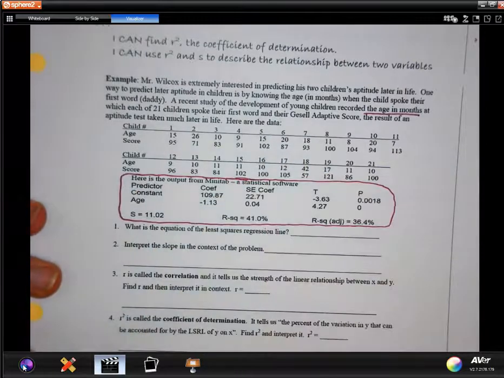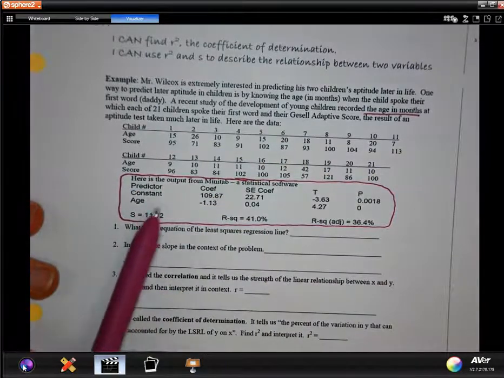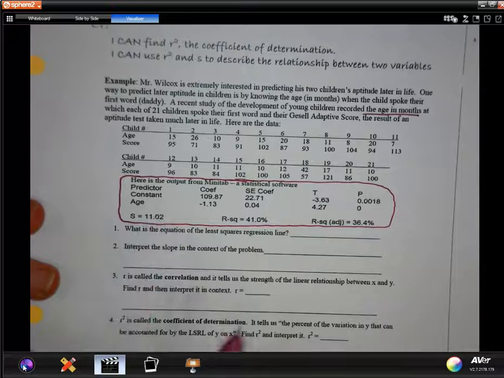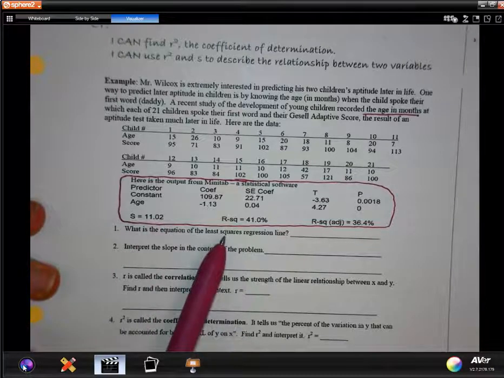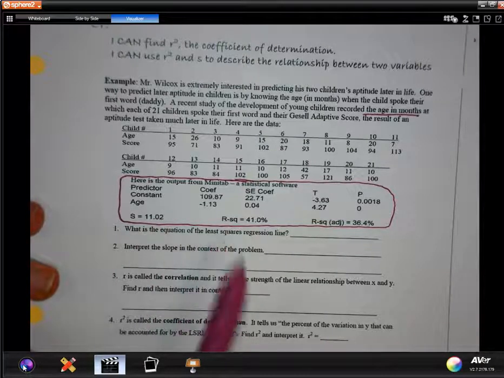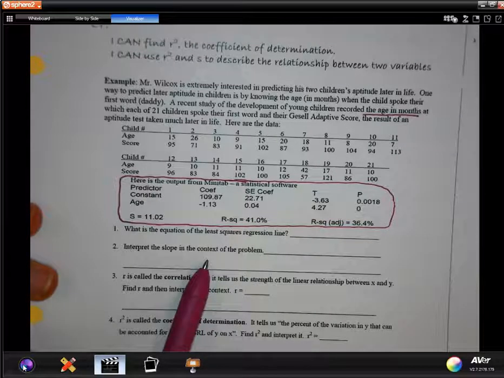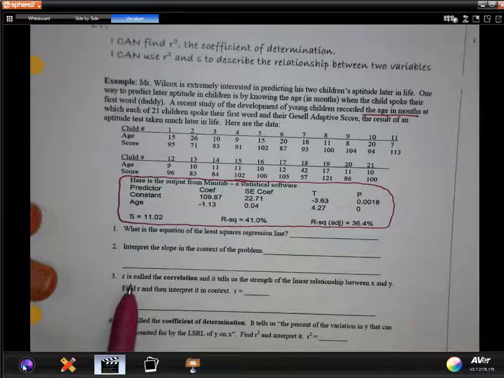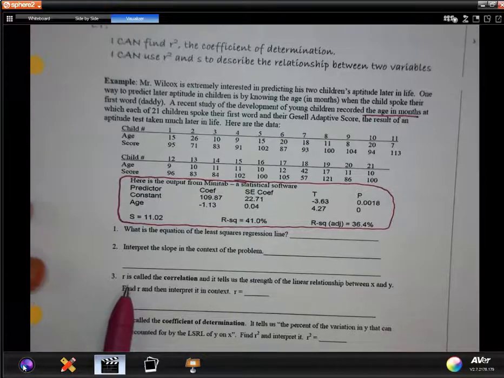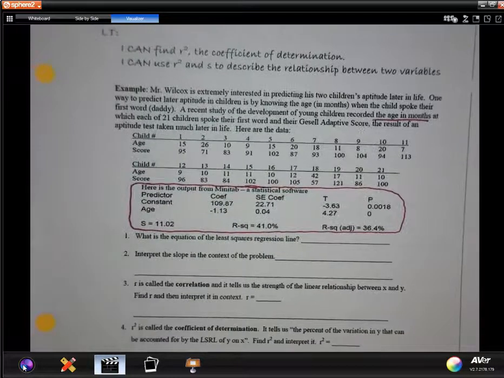So you can use the output from Minitab to come up with the equation of your least squares regression line and interpret the slope in context, because you just saw a good example by yourself how to interpret slope. If you want to feel ambitious, you could try 3, but you don't have to. Although we did talk about that yesterday too.